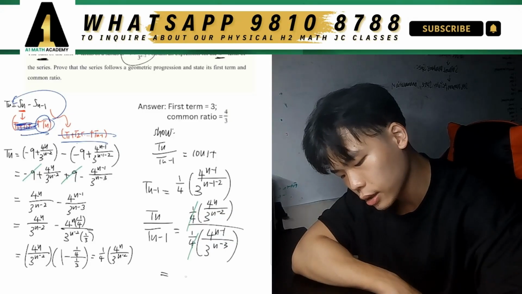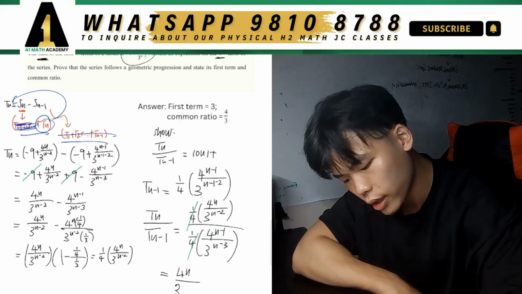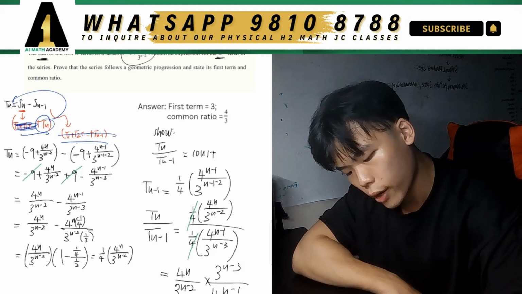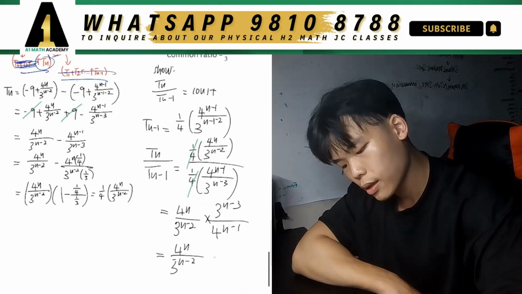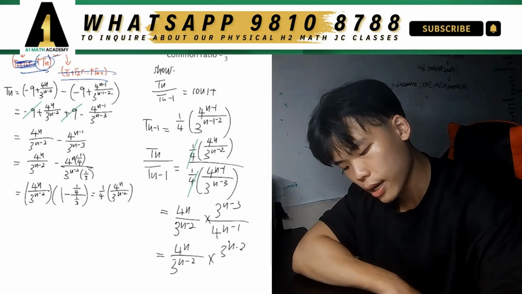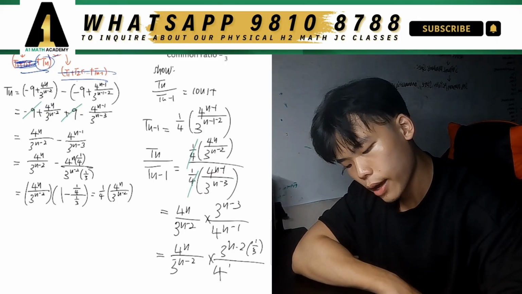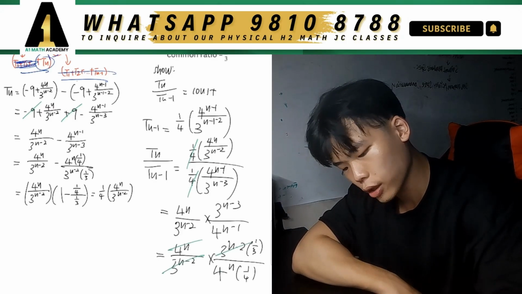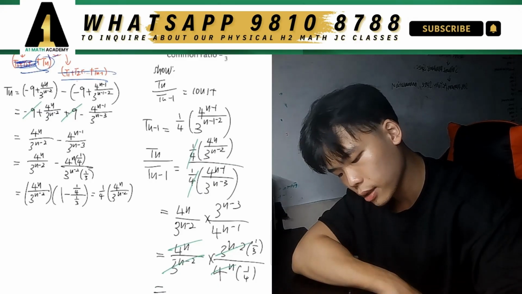And what's left over here is just 4n over 3n minus 2 times 3n minus 3 over 4n minus 1, of which you have 4n over 3n minus 2 times 3n minus 2 minus 1, which can be written as 1 over 3 over 4 to the power of n times 1/4. And then you realize that this one strikes out this one. So what's left fundamentally is just 4 over 3.